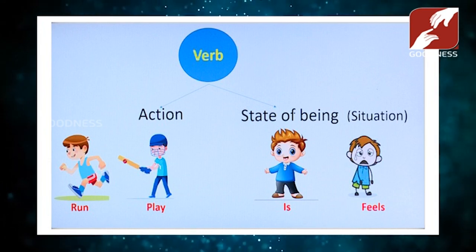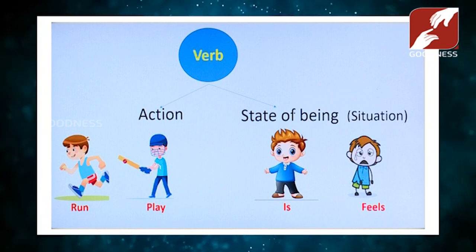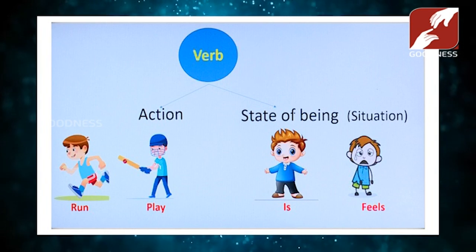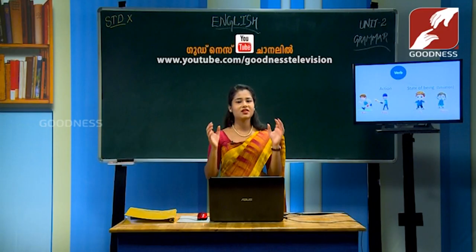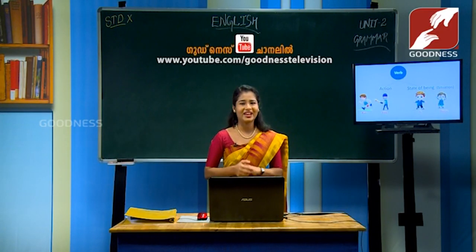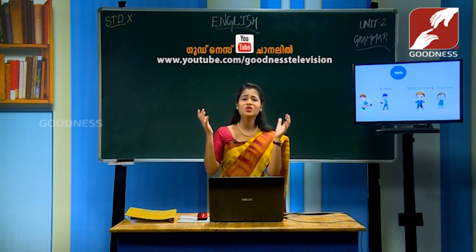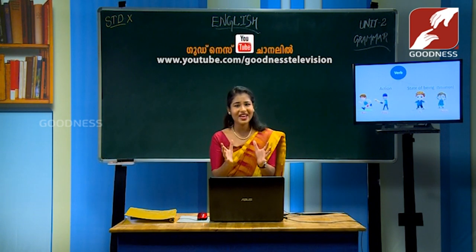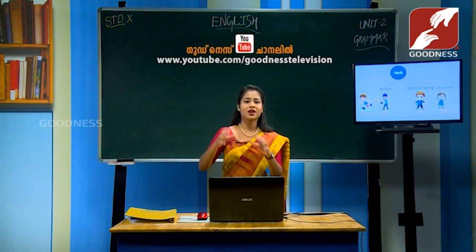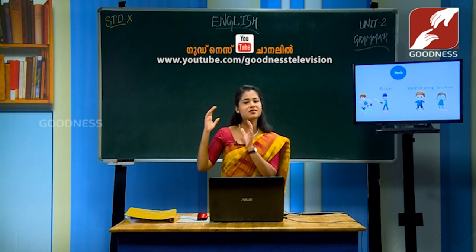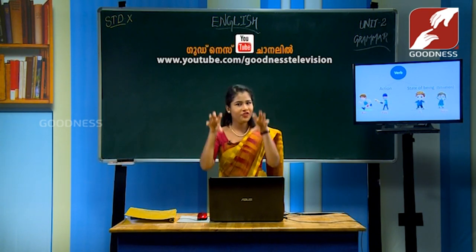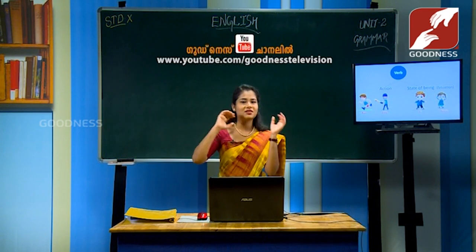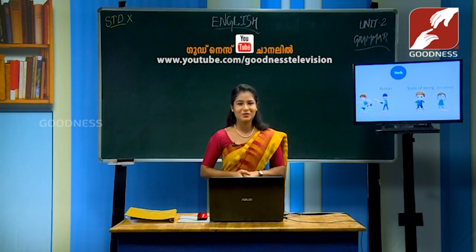Moving to the last picture, see, you can see somebody over there, isn't it? Who is that? Of course, it is a boy. You can see a tired boy over there and he feels tired. So, which is the verb over there? Of course, it is feels. Why? Because he feels tired. It's the statement. And this feels is something which gives focus or emphasis to this statement.